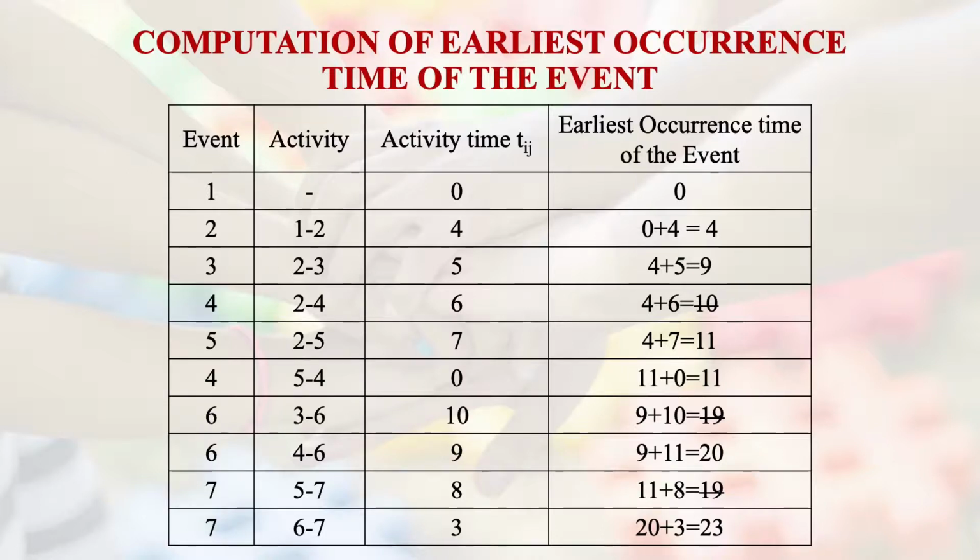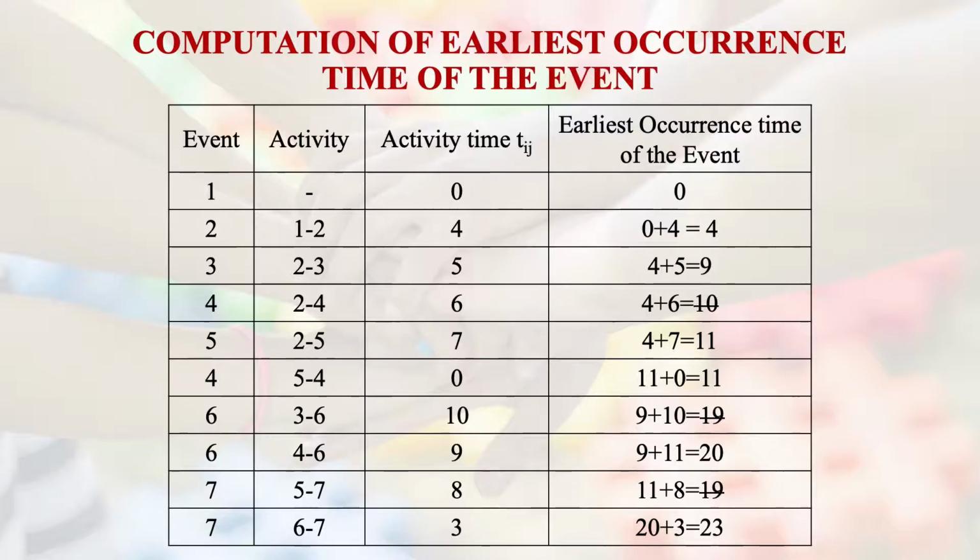Activity time is 0, so the earliest occurrence time of event 1 happens to be 0. Event 2 occurs when the activity is from 1 to 2, and the activity time for this is 4, so the earliest occurrence time in this case is 4.